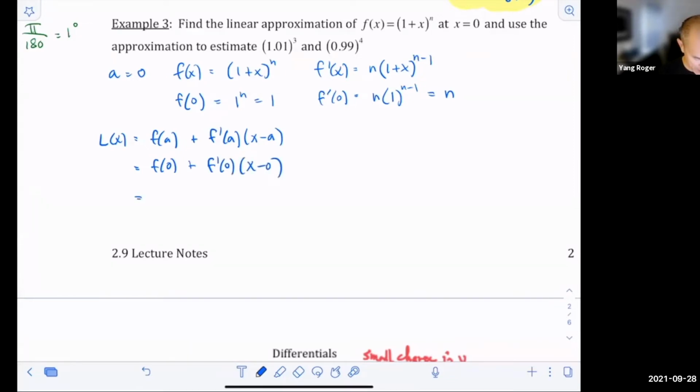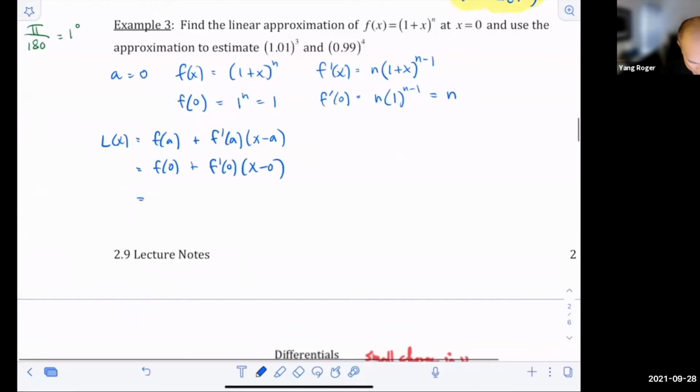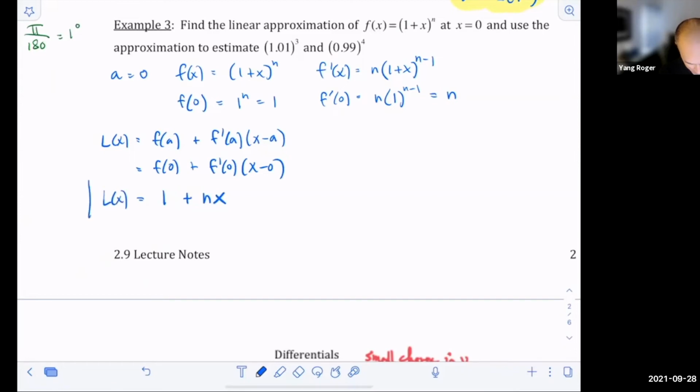And for us, f of 0 was 1, f prime of 0 was n, and x minus 0 is just x. So we did all that just to get this very simple looking linearization formula.